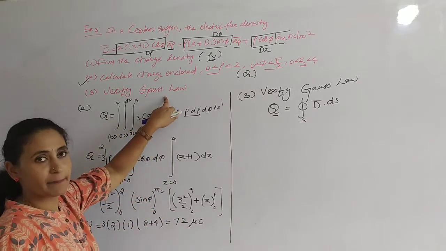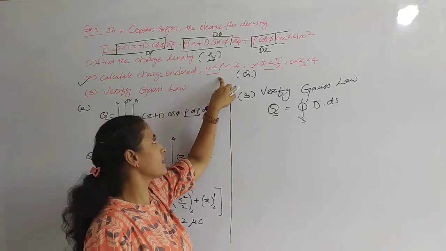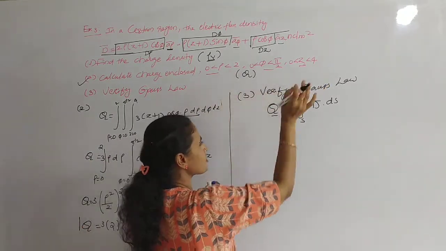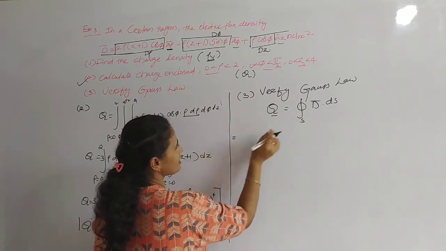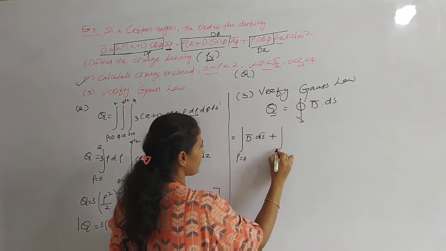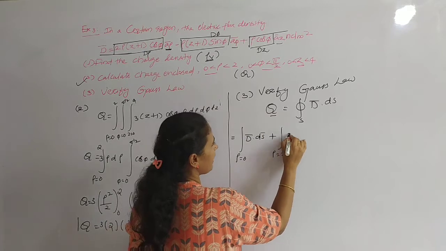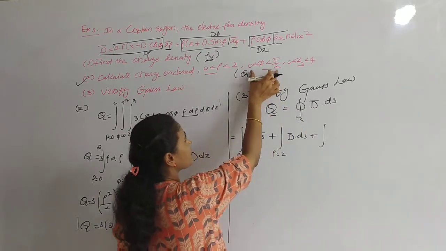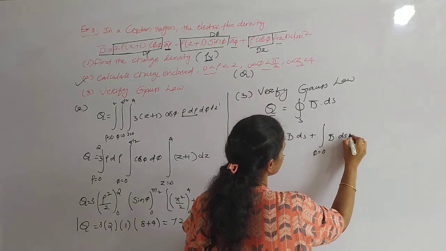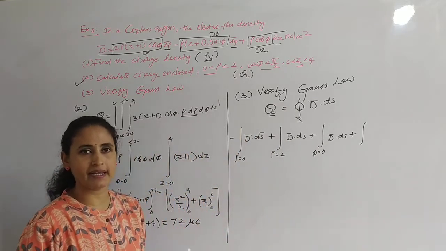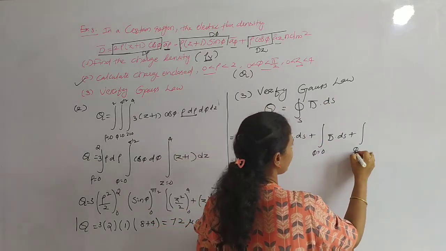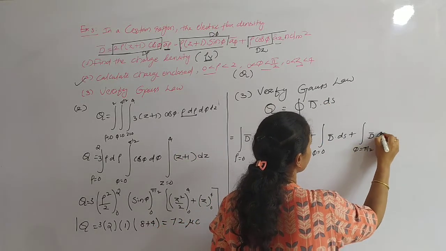So this is the surface integral. To apply Gauss law, the limits of the surface are already given. This can be resolved into the individual terms. This part is equal to: at rho equal to 0, D bar dS bar; at rho equal to 2, D bar dS bar; plus at phi equal to 0, D bar dS bar, and at phi equal to pi by 2, D bar dS bar.